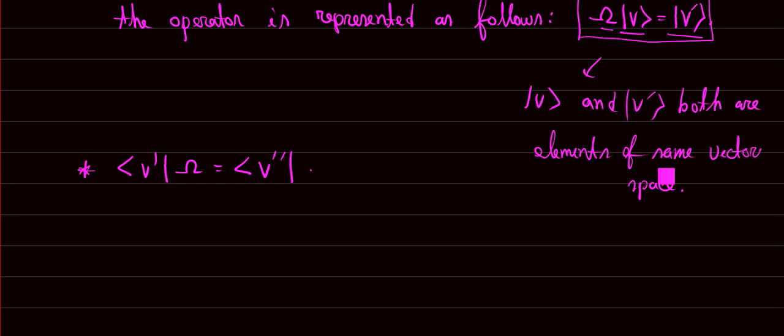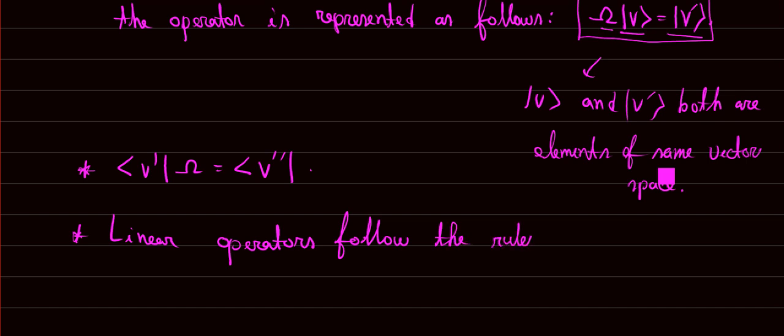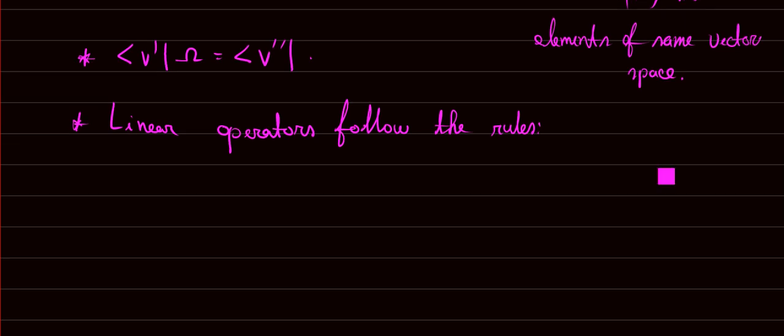So what are linear operators? Linear operators follow the rules. What rules do they follow? Number one rule is this.